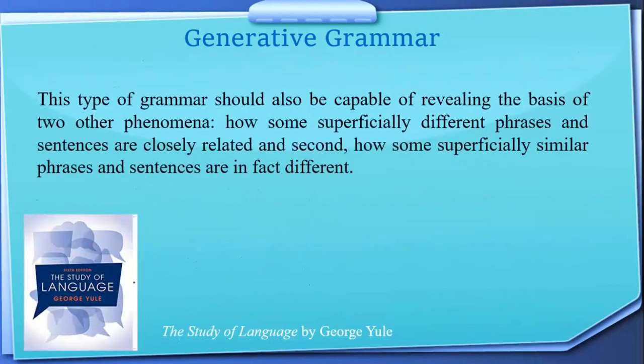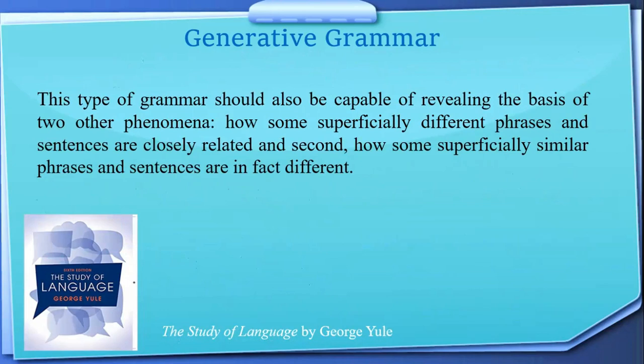This type of grammar should also be capable of revealing the basis of two other phenomena: first, how some superficially different phrases and sentences are closely related, and second, how some superficially similar phrases and sentences are in fact different.